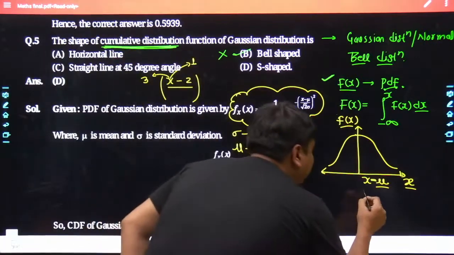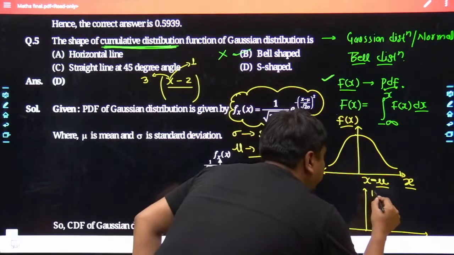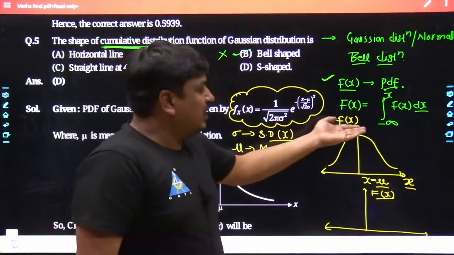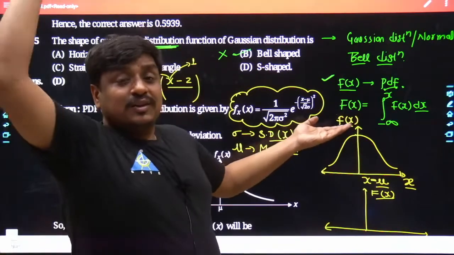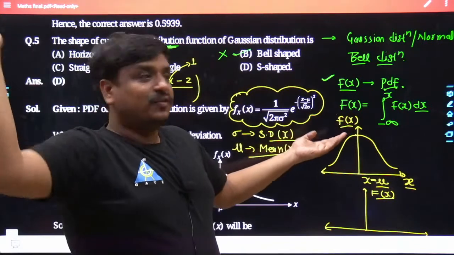And now we have been talking about the cumulative probability function, which is capital F of x, and how it is defined. It is defined as the area under the curve starting from the negative most value of x, which is minus infinity, till that point.